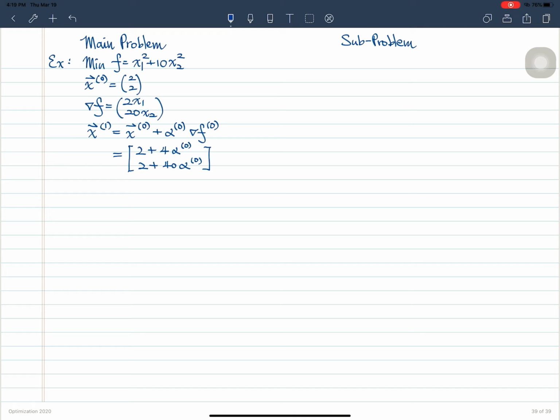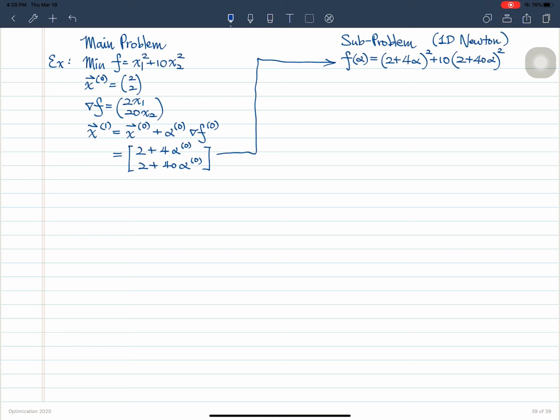So for the subproblem, I should have f of alpha, and I plug in (2 plus 4 alpha) squared plus 10 times (2 plus 40 alpha) squared. So over here, I move on to this subproblem, and I use 1D Newton to solve it.